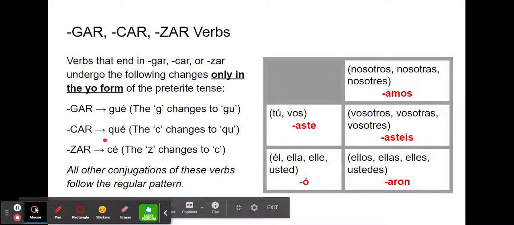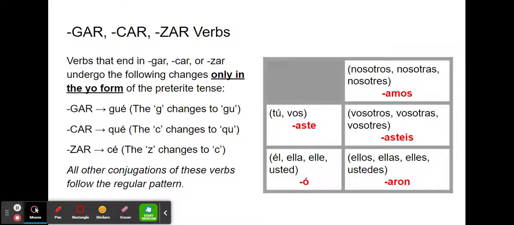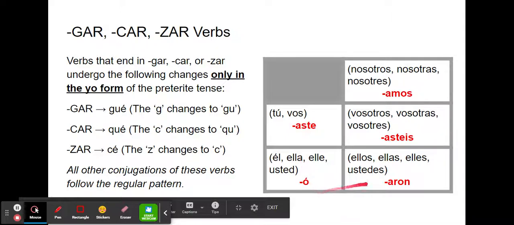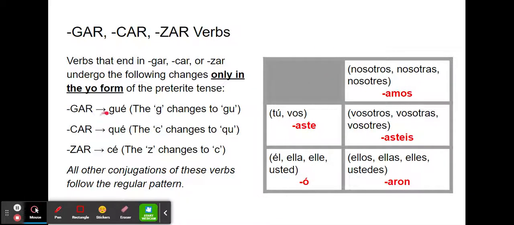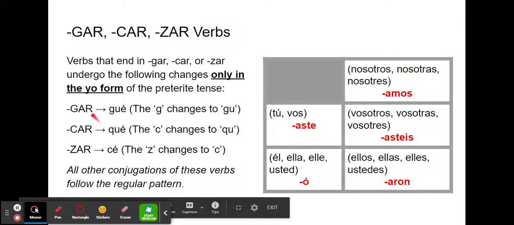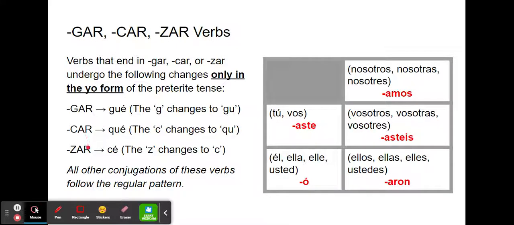So that Z is changing to a C. So it's pronounced se. All other conjugations of these verbs follow the regular pattern on the right. So this part does not change. It's only the yo form that changes to gue, que, ce, if it's GAR, CAR, or ZAR.